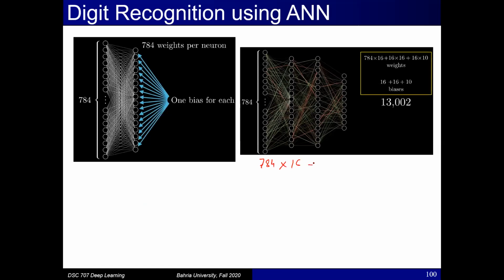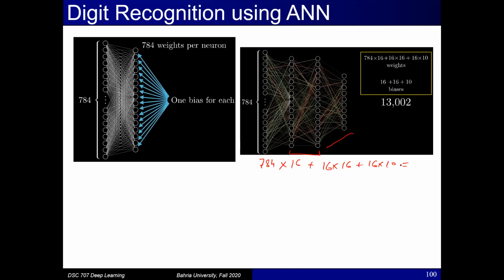Then if you move to this part, you have 16 here and 16 here, so there are a total of 16 into 16 connections. Then if you move to this part, you have 16 in the previous layer and 10 in the final layer, so you will have 16 into 10. So you add them together. These are the total number of weights for the connections.